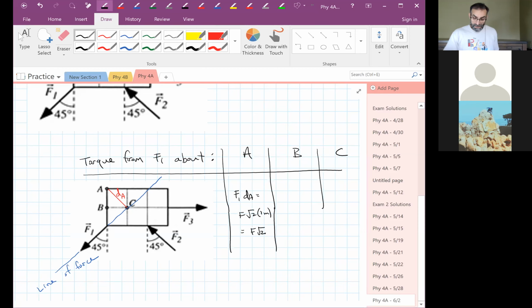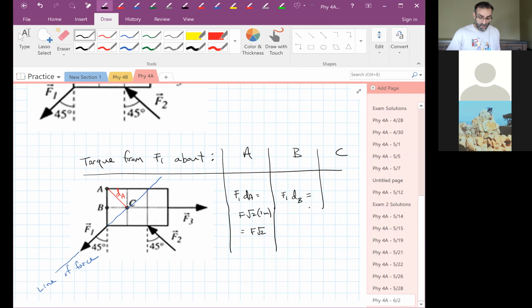How about if we look at the torque that F1 produces about axis of rotation B? It's going to be the force times, yes, we do. Good question. Let's finish this first. Let's get the magnitudes here first. But good question. The question is, don't we need to define a direction here?